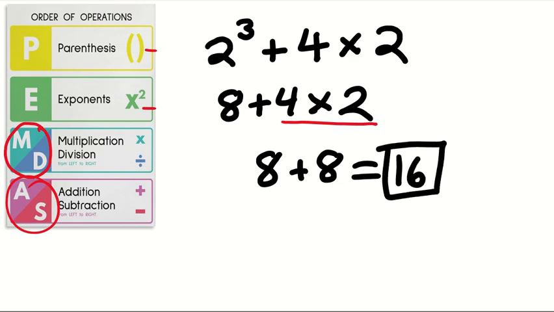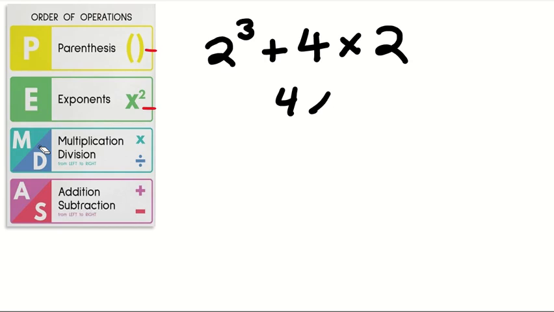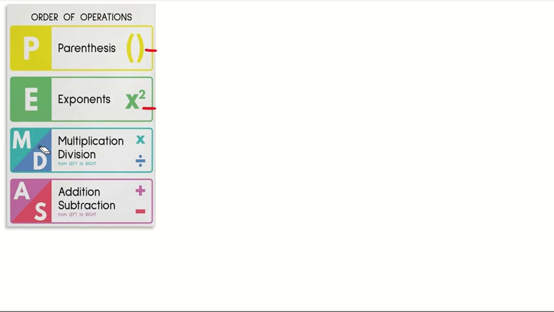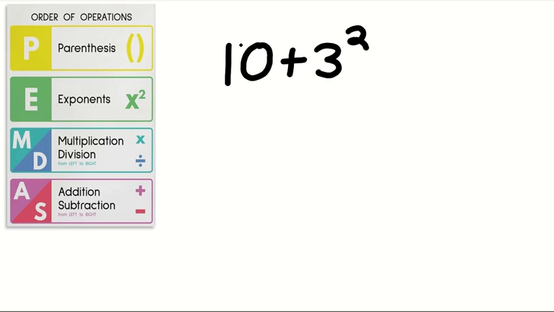Now, let's keep going. Let's try a few more examples using exponents. So we'll go ahead and erase this. And we'll draw another example problem for your viewing enjoyment. What if I have 10 increased by 3 to the second power, and I multiply it by 2?